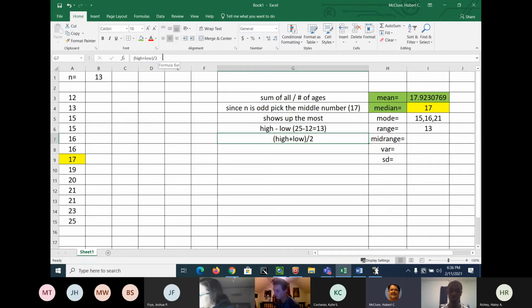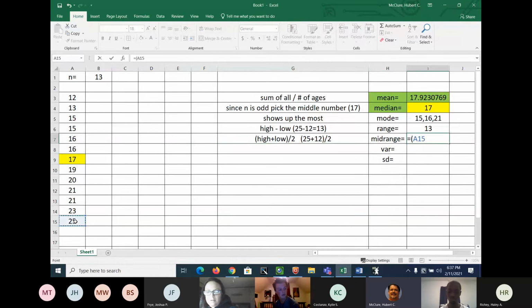All right, so I'm going to write 25 back plus 12 divided by 2. And that's equal to 25 plus 12, divided by 2. 18.5.